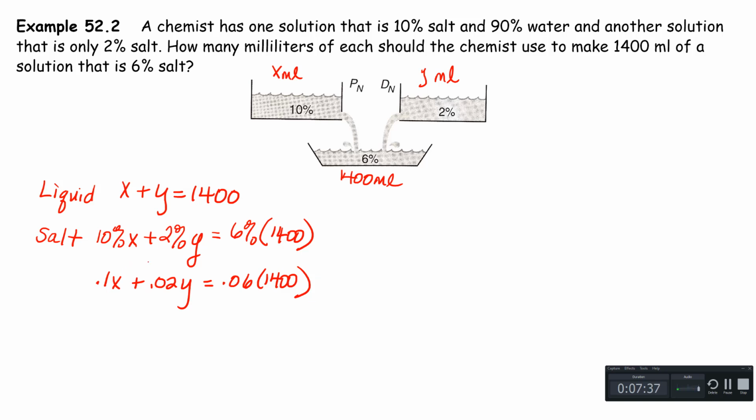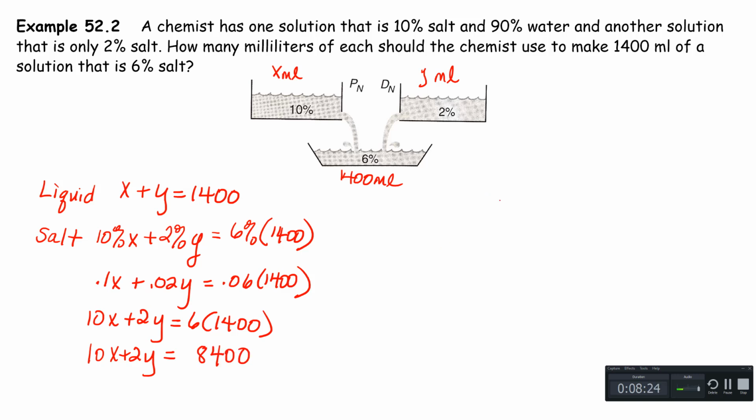If I multiply this whole equation through by 100 to get rid of the decimals, I'll have 10x plus 2y is equal to 6 times 1,400. And if I multiply that 6 times 1,400, I am going to get 8,400. So that second equation is 10x plus 2y is equal to 8,400.